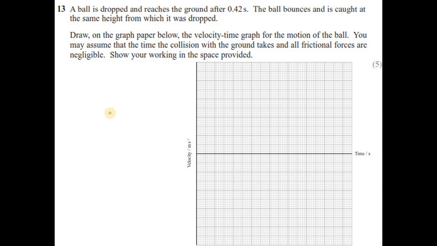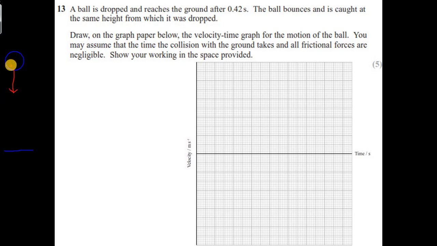Okay, so the situation is all about the motion of a bouncing ball. You have a ball, and then you drop the ball, you have some ground, so the ball is falling down.